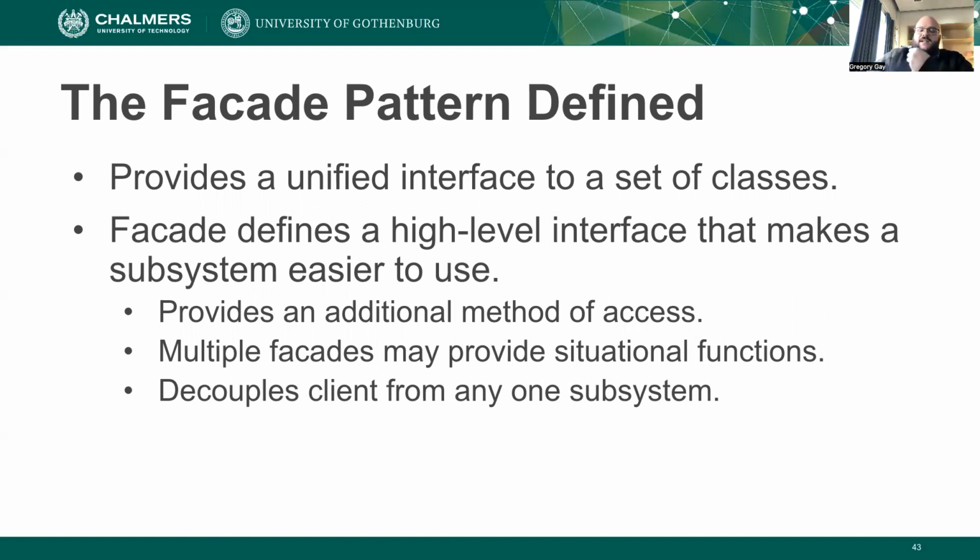We're just providing an additional simplified interface while still exposing the full functionality of the system to those clients who need it. Multiple facades can be defined for the same subsystem, the same set of classes, even to provide different situational functions. This decouples the client from any one single subsystem. Let's say that you add a new home theater component. You just need to change the facade rather than the code in that client system.